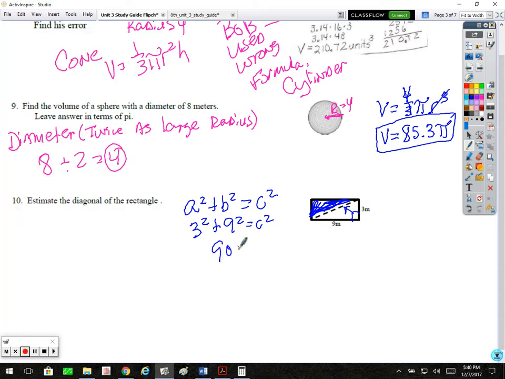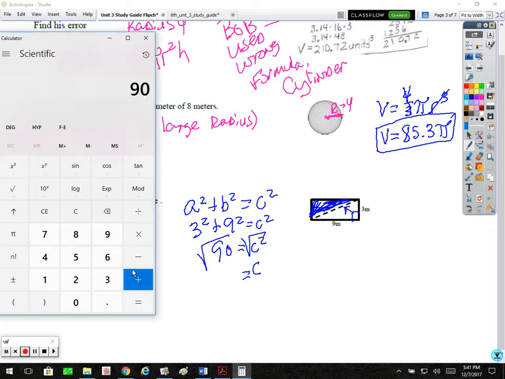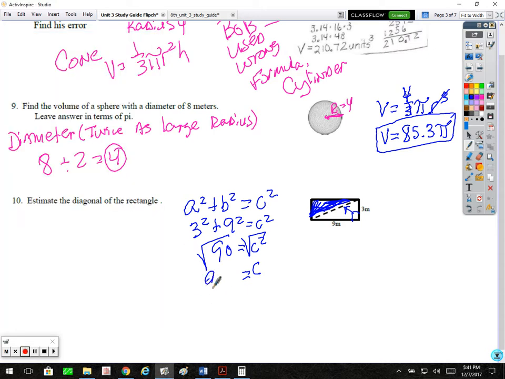So 90 is equal to c squared. And remember, the last step, we want to find the square root of both sides. So we hit 90 and we hit the square root, gives me 9.48. Okay, 9.48. It didn't tell us what to round it to, so we'll go ahead and round that up to the 10th. So 9.5 is your value for the length of this hypotenuse.